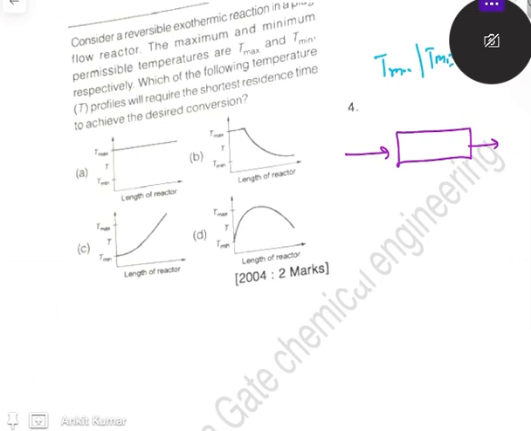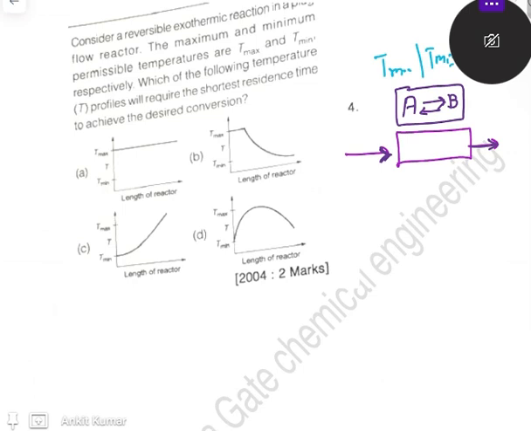Which of the following temperature profiles will require the shortest residence time to achieve the desired conversion? What is the meaning of desired conversion and shortest residence time? This reaction has to reach a desired conversion. Let's say reaction A is getting converted into B, and this is a reversible exothermic reaction.